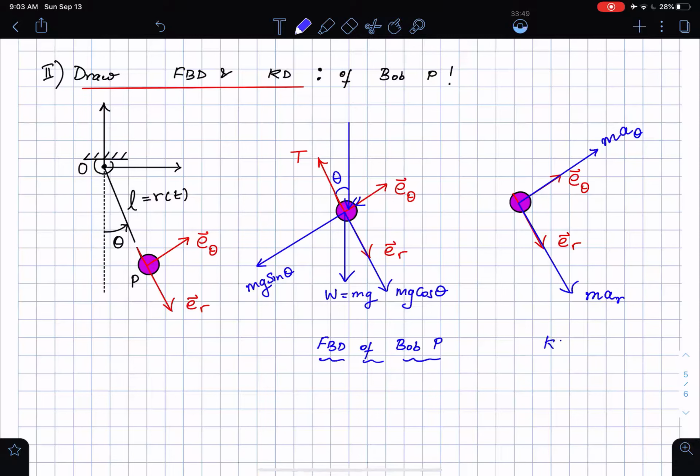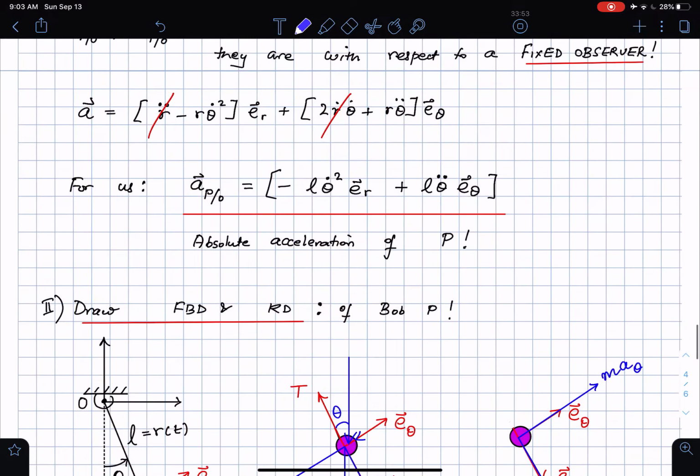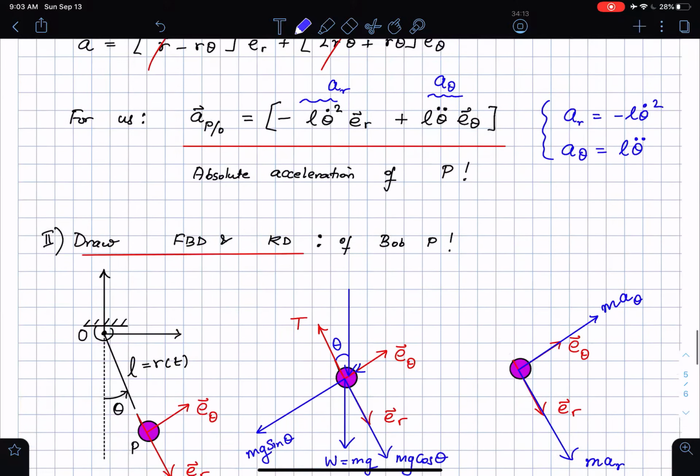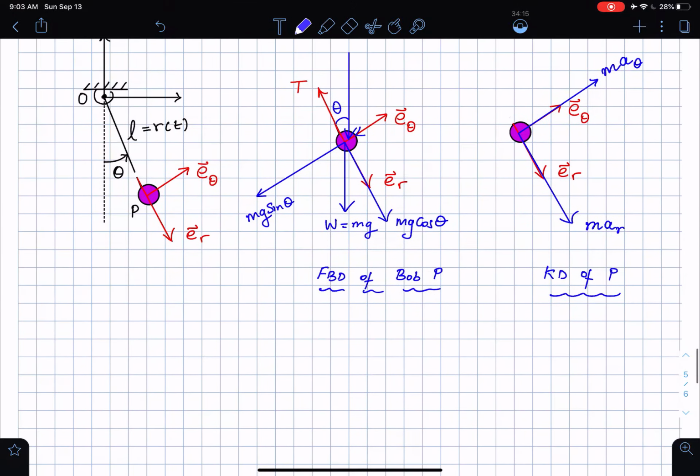And this is going to be the kinetic diagram of P. And as a clue, this is going to be a r, and this is going to be a theta. Which means that a r is going to be minus L theta dot squared, and a theta is going to be L theta double dot. Okay, we're almost there.